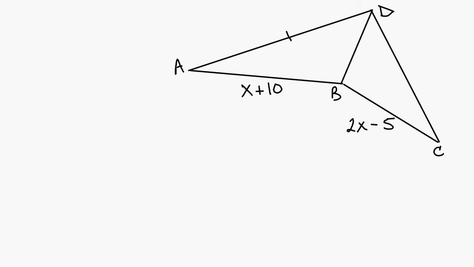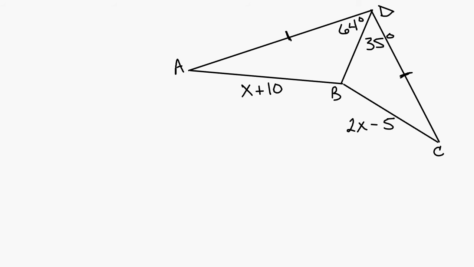These sides, AD is congruent to DC. This angle in here is 64 degrees, and this angle is 35 degrees. And again, you're finding the range of values for x. So you've got two triangles with two congruent sides because AD is congruent to DC, and they both share side BD.